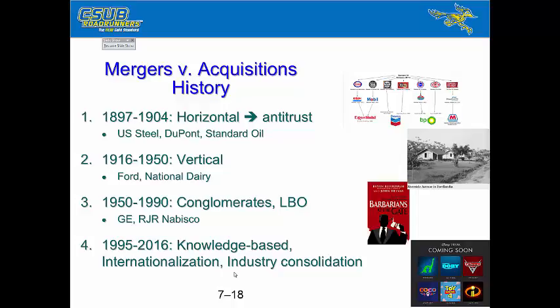And then the last part of the 20th century up until today has been more about related diversification, with companies like Disney and Universal expanding into all kinds of different media activities because they're all related to each other. That's the way things have gone for the last 100+ years in mergers and acquisitions.